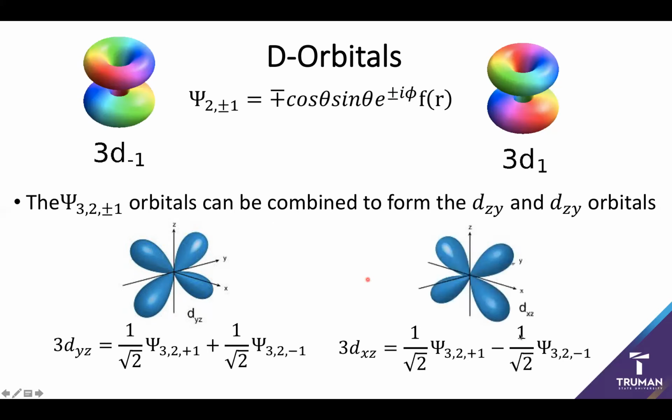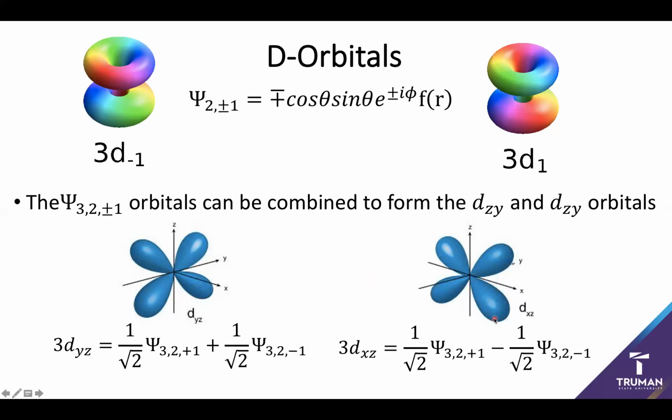We have a similar effect with our xz orbitals. The biggest difference here is that when I combine the functions, we now use a negative contribution for my -1 wave function. And all this really does is change our offset to make sure that all of our wave function along the y-axis cancels out this time.